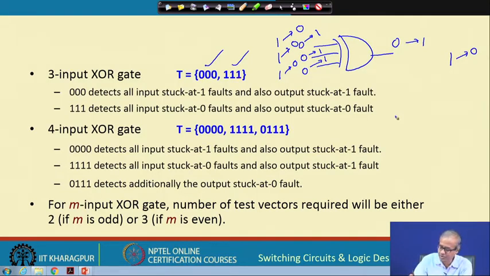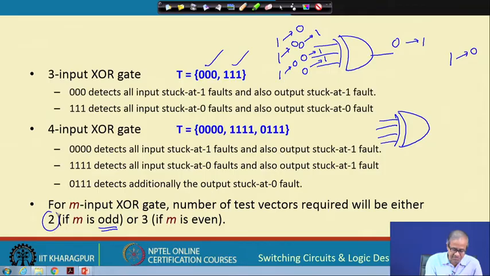But for a 4 input XOR gate, in general for an even input XOR gate, this will be true for any odd number. Like for an m input XOR gate, if it is odd, you need only 2 test vectors like this, all zeros and all ones. But if you have an even number of inputs, then you will need 0 0 0 0, where the output is 0.